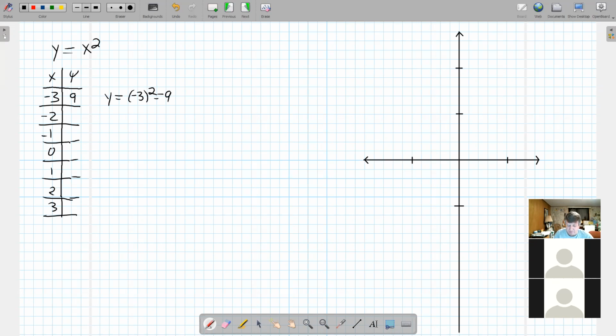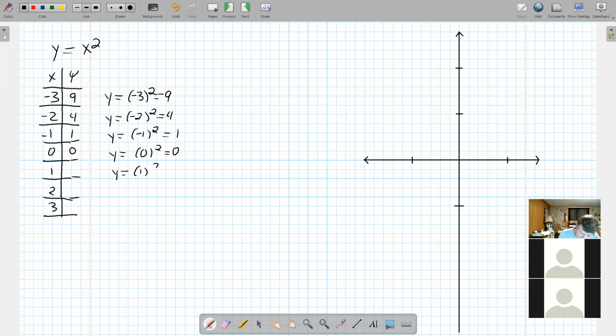Okay, so completing the table, if x is -3, y would equal -3 the quantity squared, which is a +9. If x is -2, y would equal -2 the quantity squared, which is a +4. If x is -1, y equals -1 the quantity squared, which is +1. If x is 0, y equals 0 squared, which is 0.